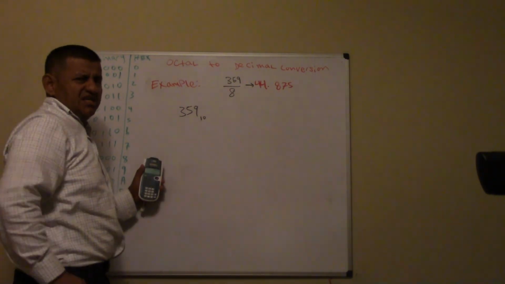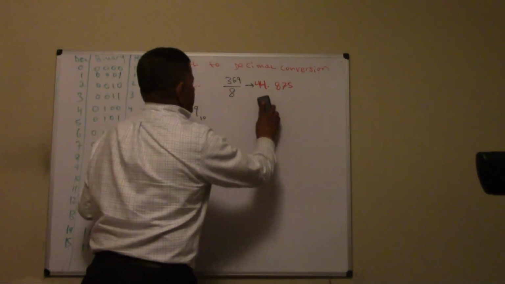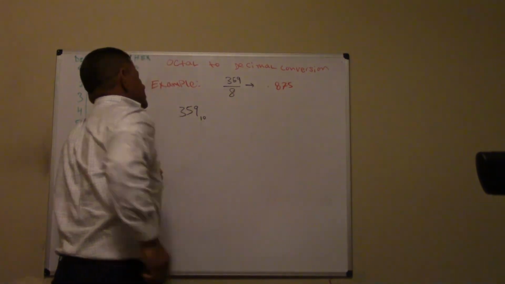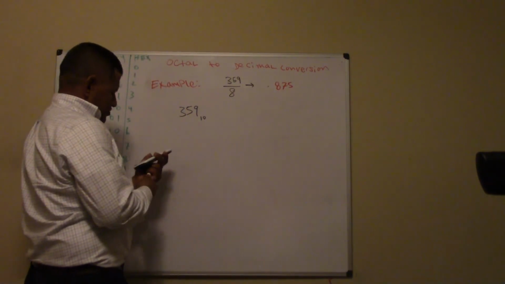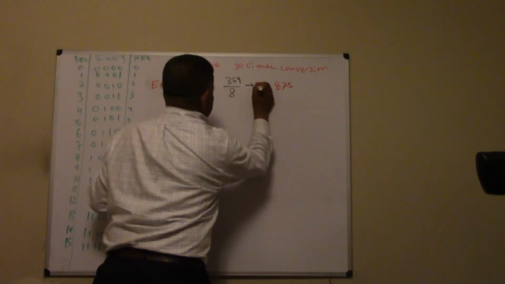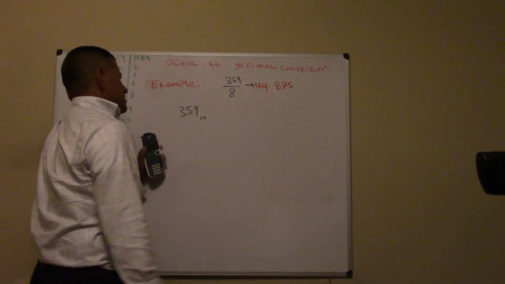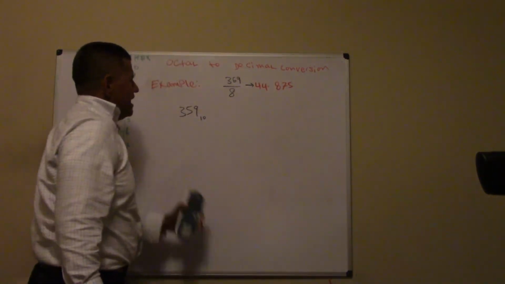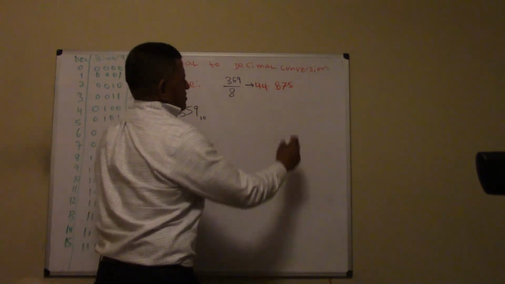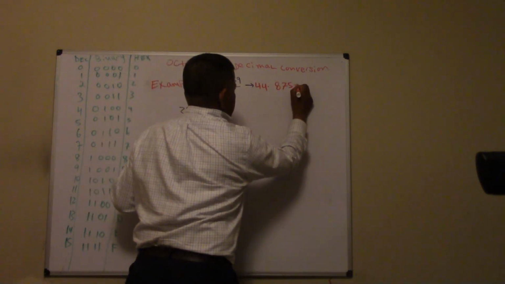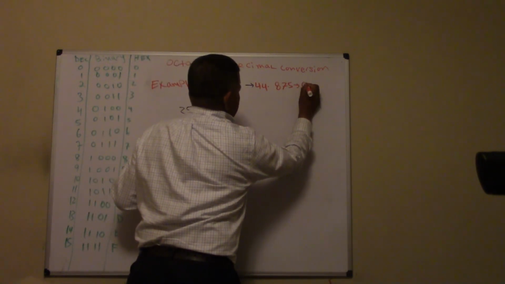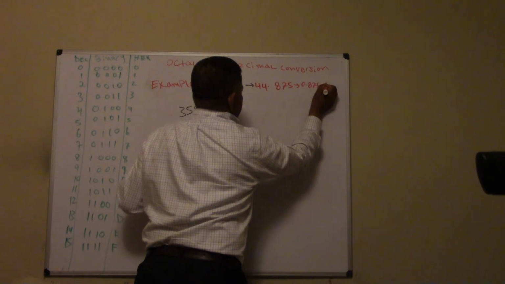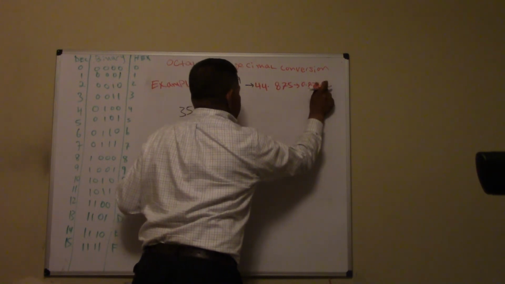Now this is the tricky part here. It's not even tricky, it's just an extra step. Let me take this number, 0.875, times 2, I'm sorry, times 8.